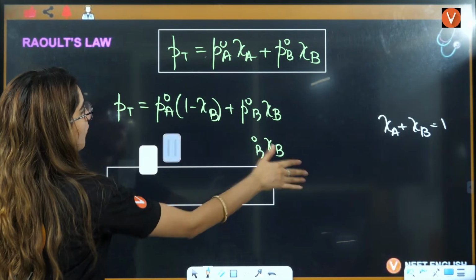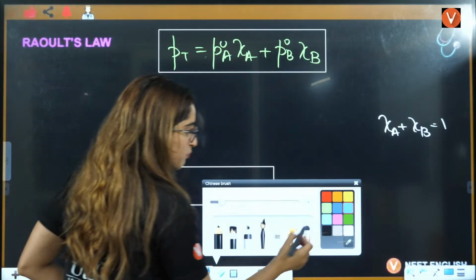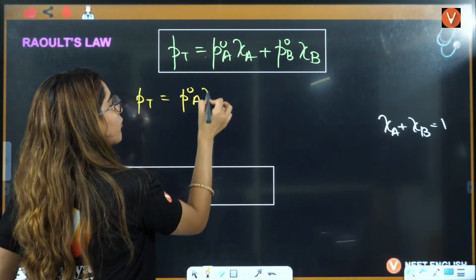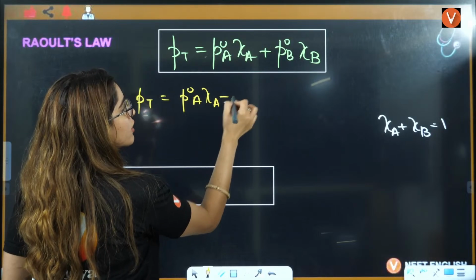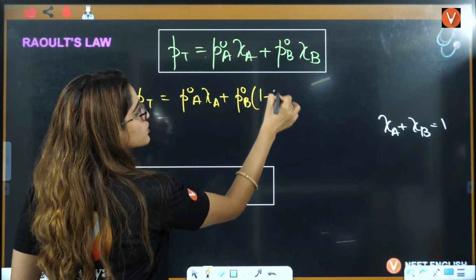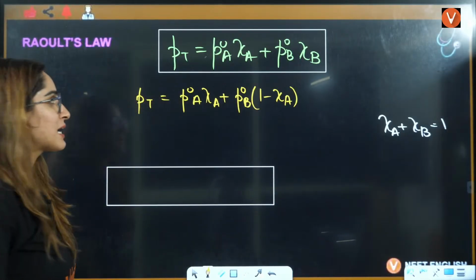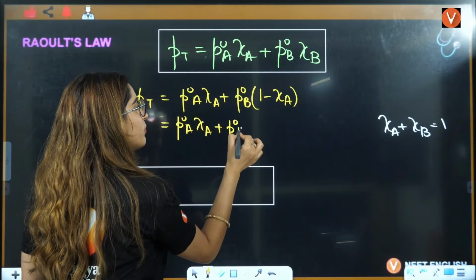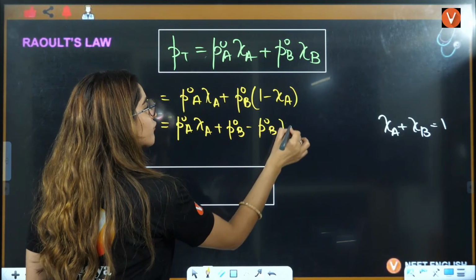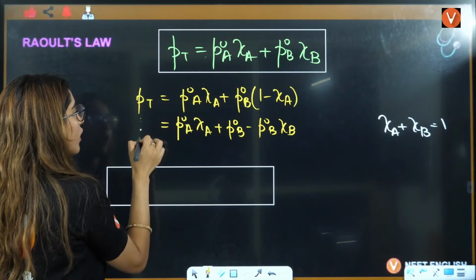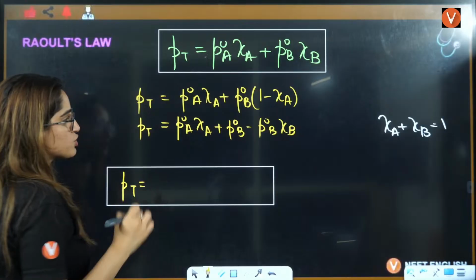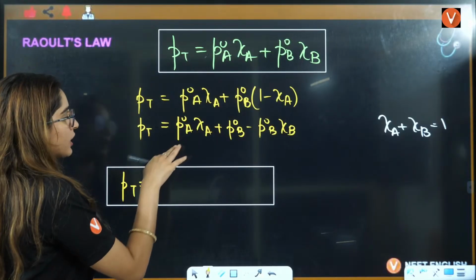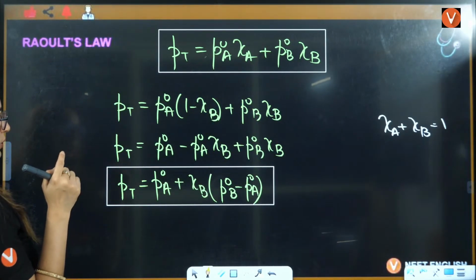Let's say if you do the opposite, that means I'll put the value of PT equal to P naught A, and I'll put the value of mole fraction of B as 1 minus mole fraction of A. Now it will be P naught A times mole fraction of A plus P naught B minus P naught B times mole fraction of A. That will correspond to PT equal to, you keep it in the same manner. Wait a minute. Here only you can take the common, no?